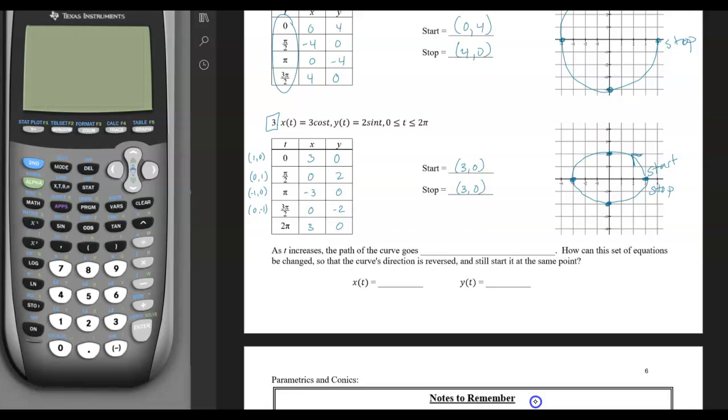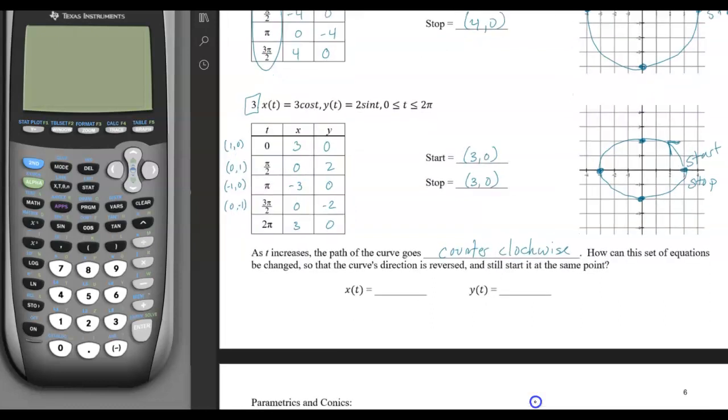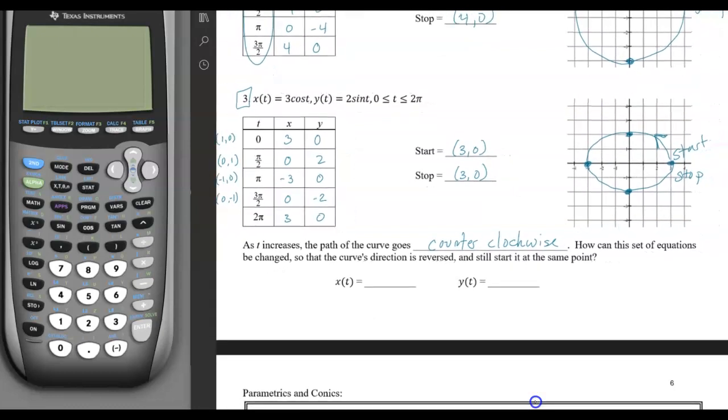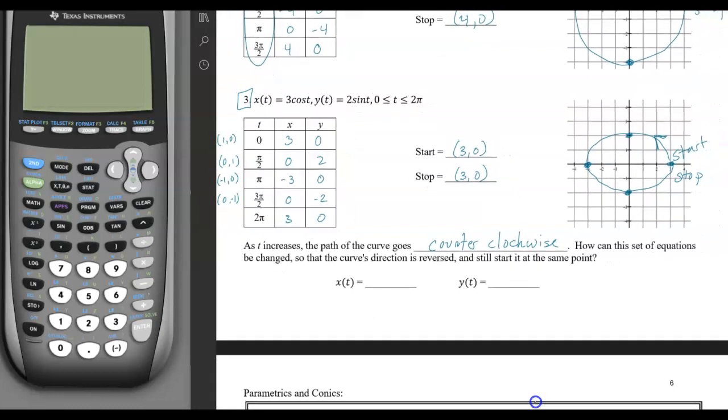Now, I answered this next question. It says the path of the curve goes, and I just told you, counterclockwise. Now here's the higher level question. How can this set of equations be changed so that the curve's direction is reversed, but still start and stop at the same point?